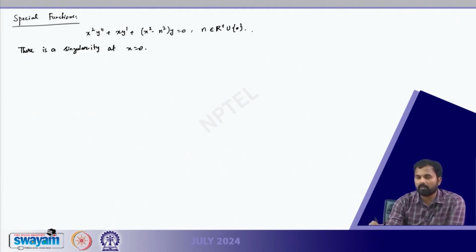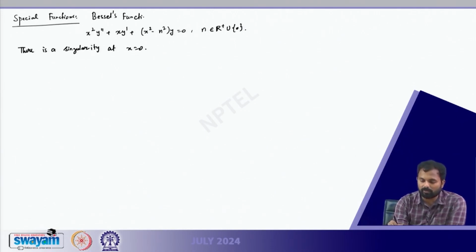This is basically called Bessel's differential equation, and what we are starting now is the Bessel's function, or Bessel's polynomial, whatever seems appropriate to you. Bessel functions.